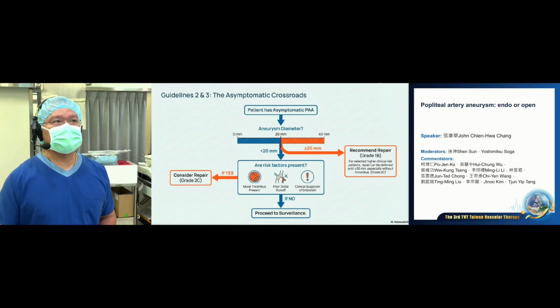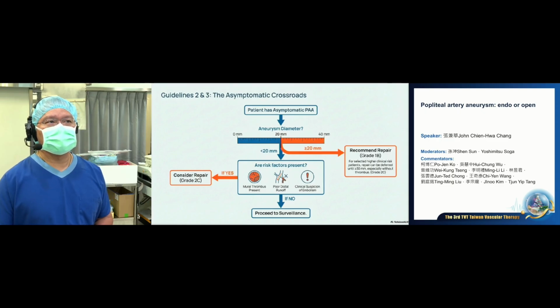And if we see an asymptomatic popliteal artery aneurysm, what should we do? If the aneurysm is less than 20 millimeter and there is no risk factor, we can just keep observation. If more than 20 millimeter, we should do repair for this patient. And what's the risk factor?